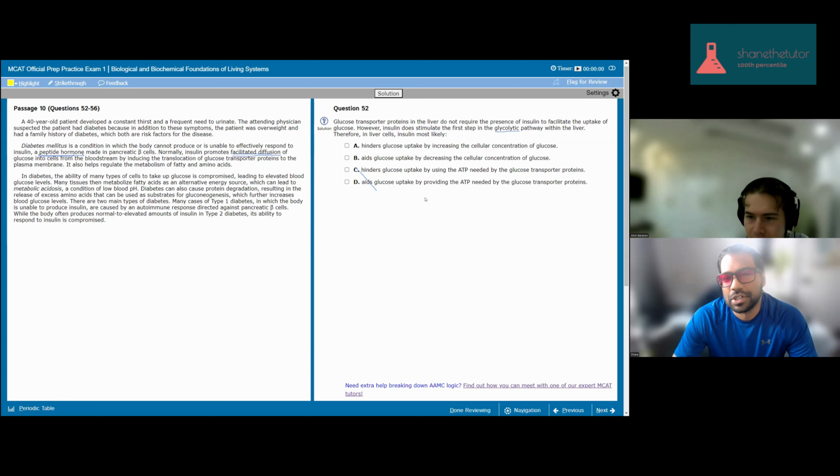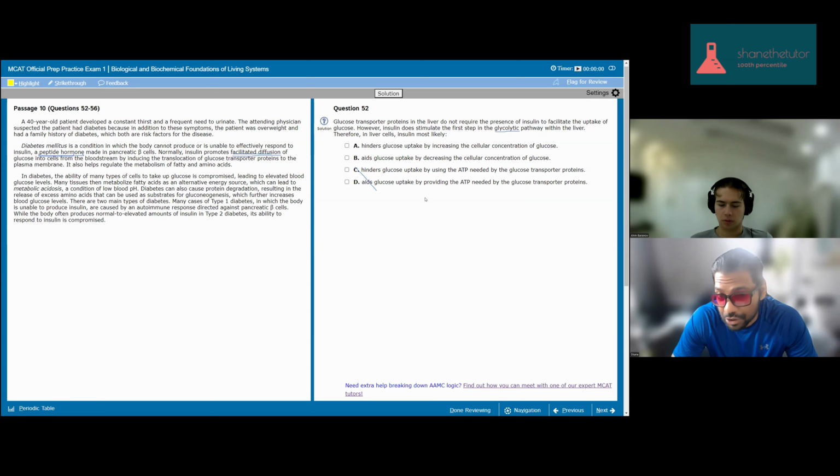They're just saying here that the glucose transporter proteins in the liver do not require insulin to facilitate the uptake of glucose, which means it can do it without insulin, but it doesn't mean that insulin does not do that.